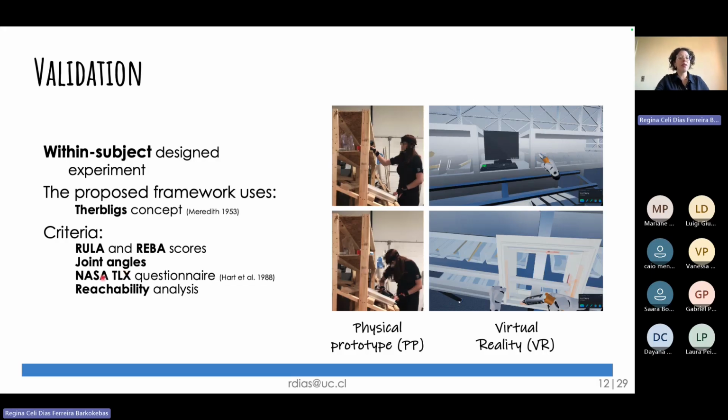I also applied the NASA TLX questionnaire to verify the satisfaction with the environment, and performed a reachability analysis. For this presentation, I will focus on the first two because they are, for me, the most important criteria at this point, because I will focus on the verification of the assessment of ergonomic risks in two different environments.